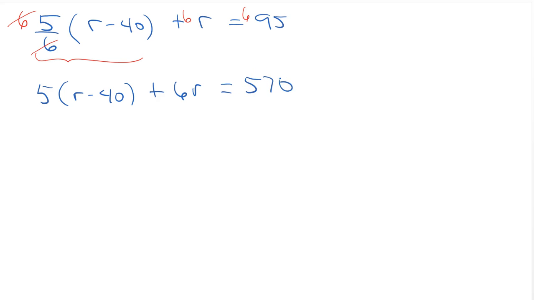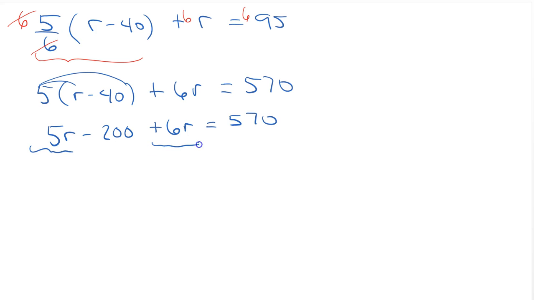Now I just need to solve this equation. Distribute the 5 inside, so I have 5r minus 200 plus 6r is equal to 570. I'm going to add my like terms, so those are my r's. 5r plus 6r is 11r minus 200 is equal to 570.